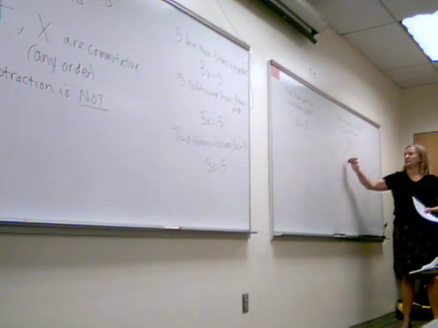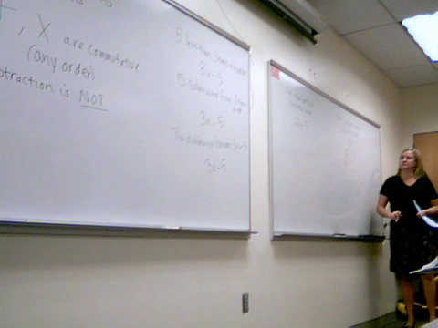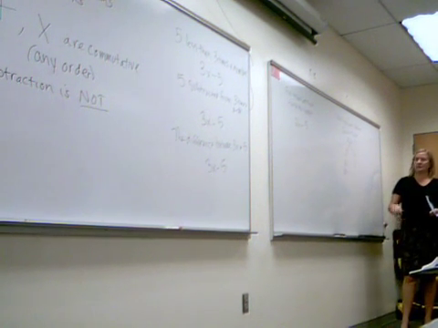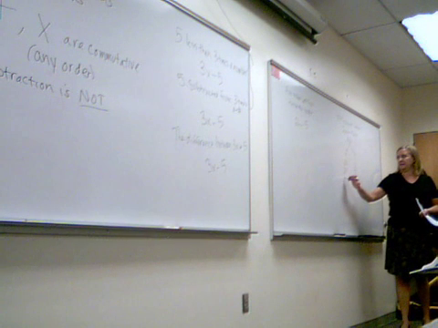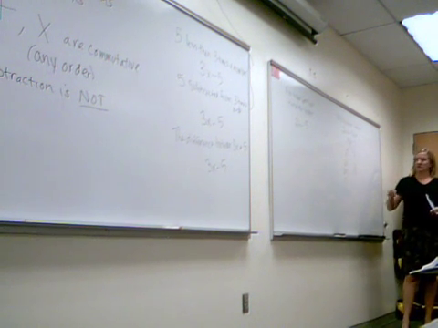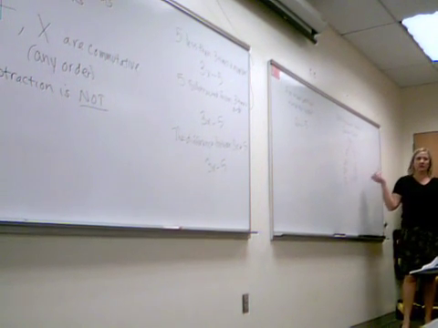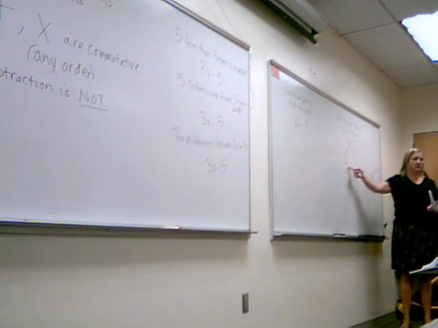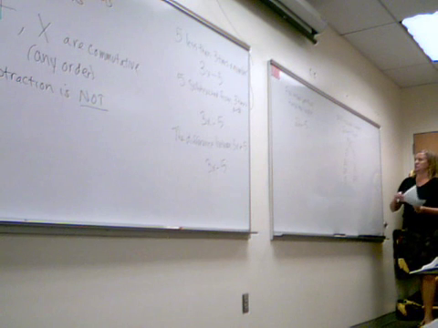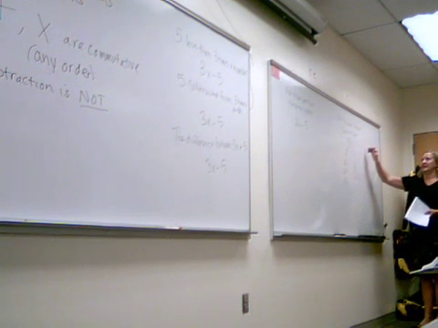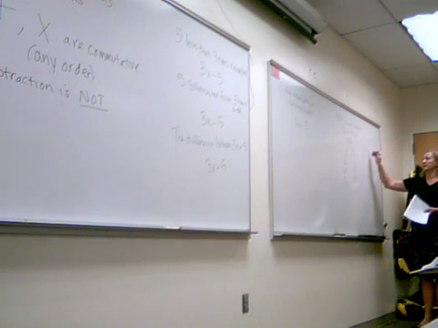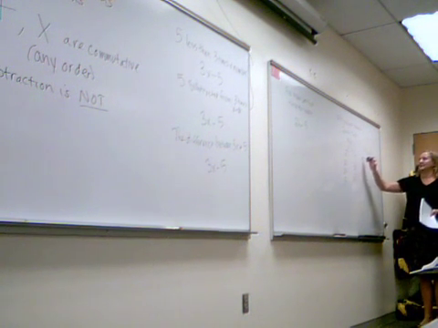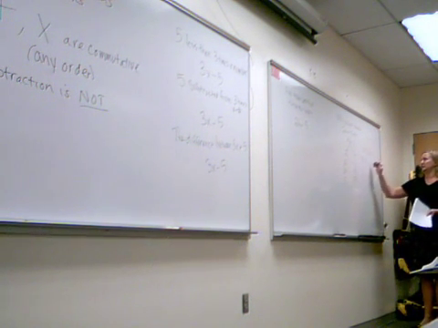If I give Zach 30, how much is Taylor getting? 0. If I give Zach 25, how much is Taylor getting? 5. How about if I give Zach 5, how much is Taylor getting? 25. Okay, how did we figure that out? We did 30 minus whatever Zach has. So to put this in terms of algebra, we're going to let x be one of them, Zach, and we're going to let 30 minus x be Taylor.